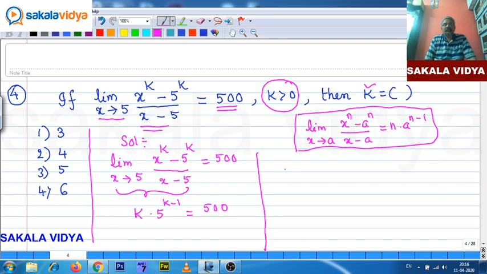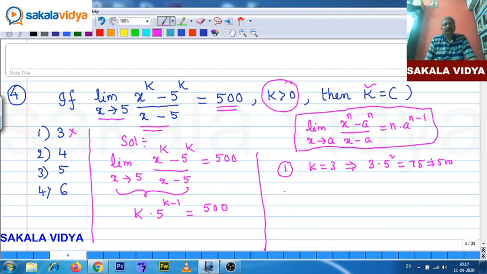First option, let us take k is equal to 3. So, that means here 3 into 5 square, that is equal to 75. 75 does not equal 500. So, first option is ignored.